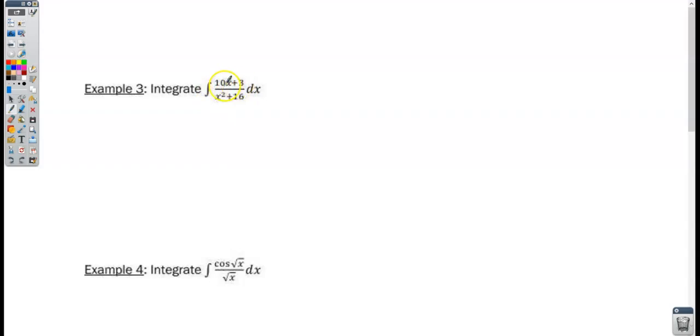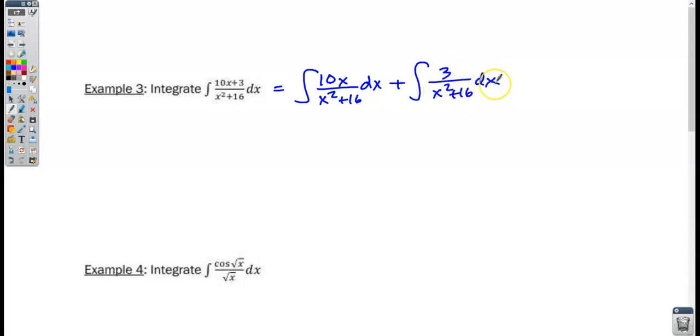So I can't really, with the 10x plus 3, the key here in this one is there are times when I have multiple terms in the numerator that it is to my benefit to split this into two integrals and make this the integral of 10x over x squared plus 16 plus the integral of 3 over x squared plus 16. And now that I have those two separate integrals, I'm going to use two different substitutions.